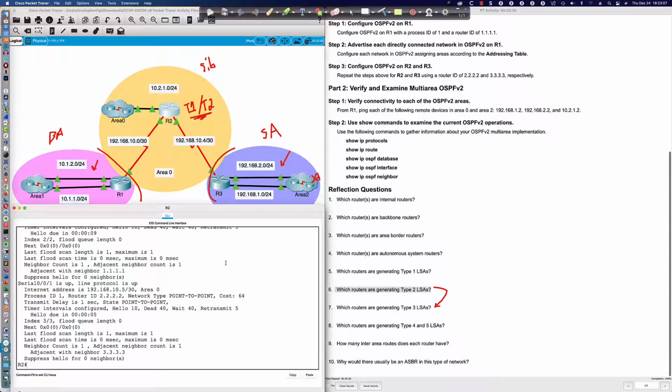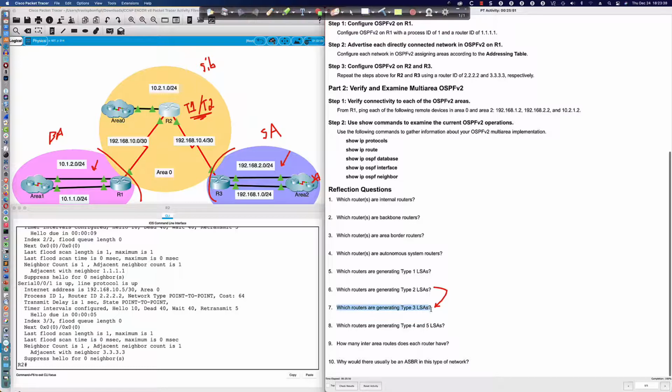And so then you may be asking, well, if the type 1 LSA is bound to area 2 and the type 1 LSA is bound to area 0 and you can't flood the type 1 into area 0 from these other non-area 0 areas, then how does area 0 learn about the networks and the reachability information? How does it learn that reachability information to all of these networks that are over here? And that's what takes place at the ABR.